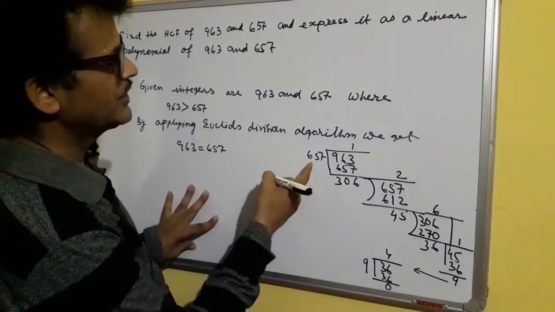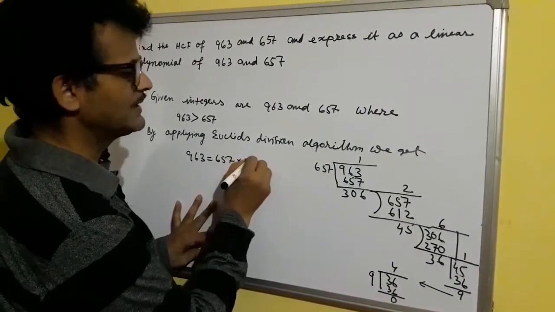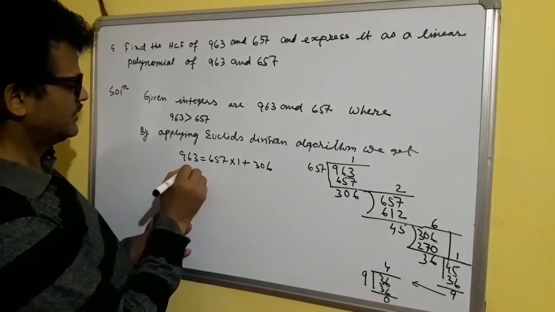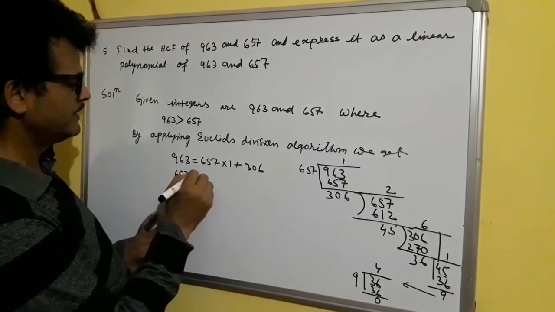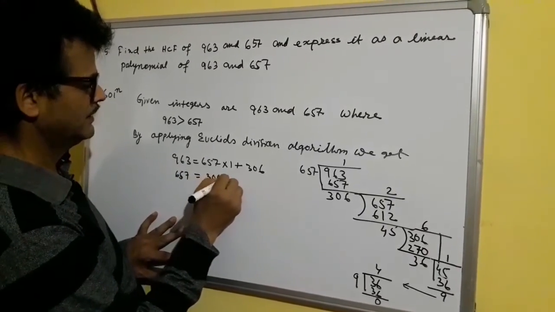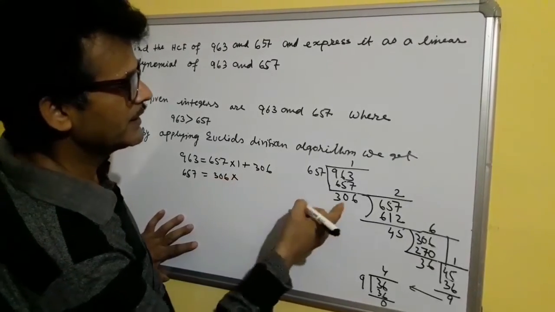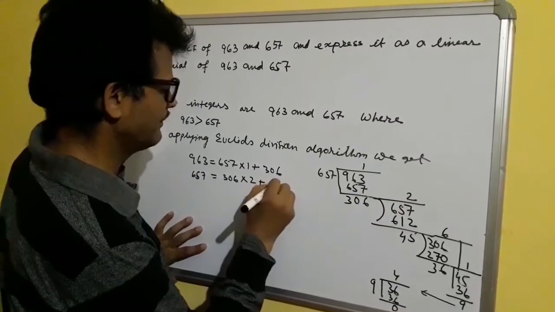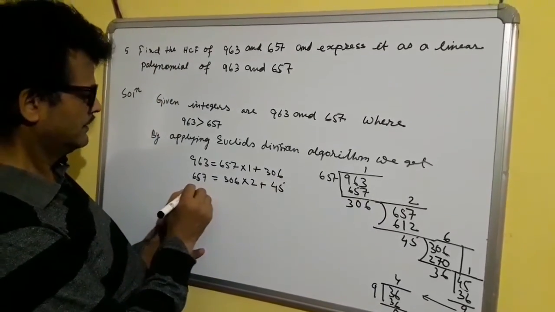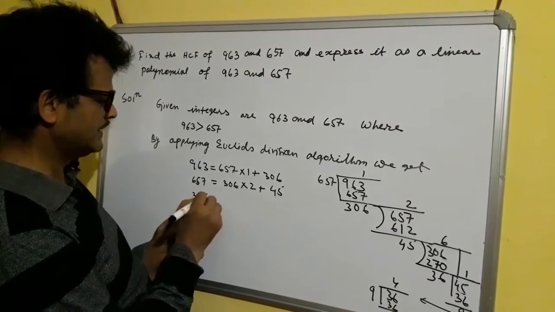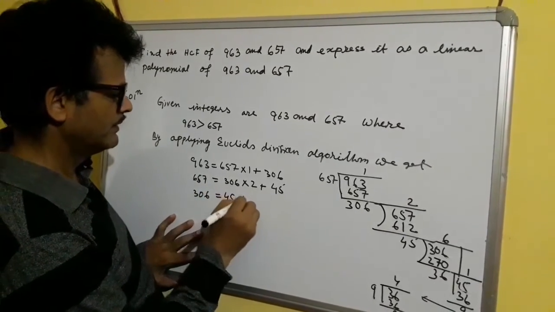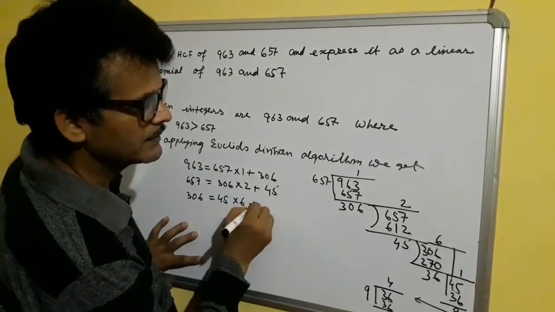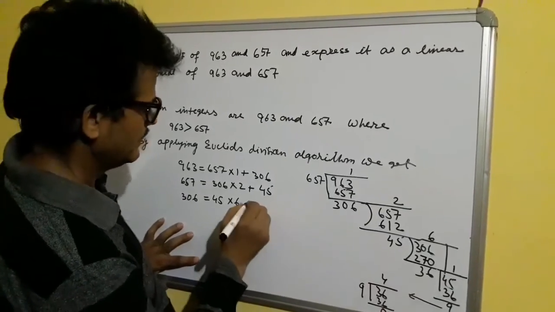So what are the steps? You see 963 equals 657 into 1 plus remainder 306. Next, 657, when we divide this by 306, we get 2 times, and this time remainder is 45. Now next, when we divide 306 by 45, the quotient is 6 and the remainder is 36.